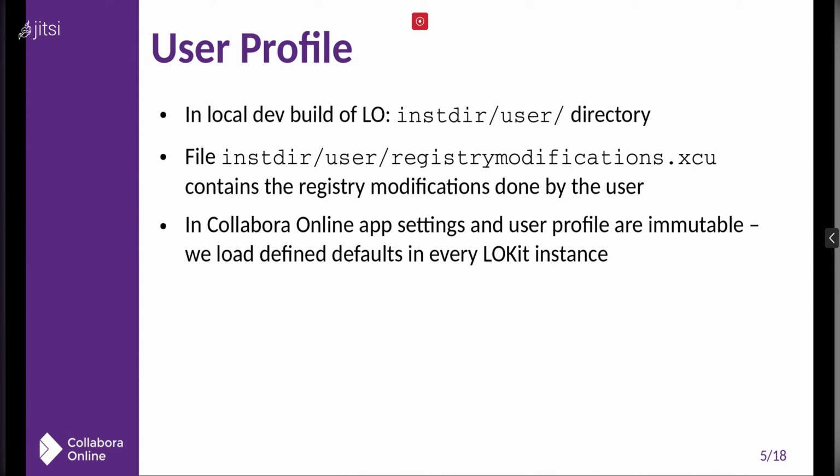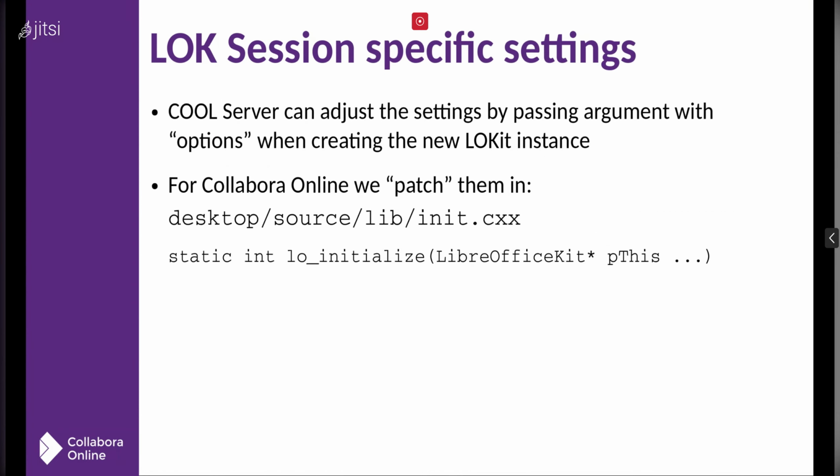But we do some modifications of this register on document load, and it is done in the desktop module init file. There is some function allow initialize where we do different adjustments specific for LibreOffice Kit. We use different options.